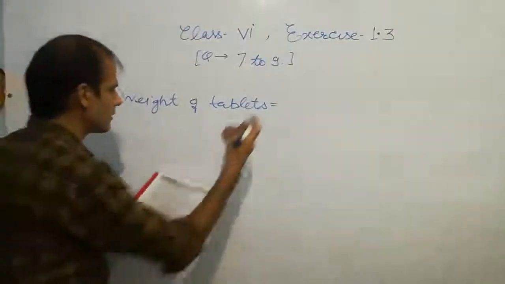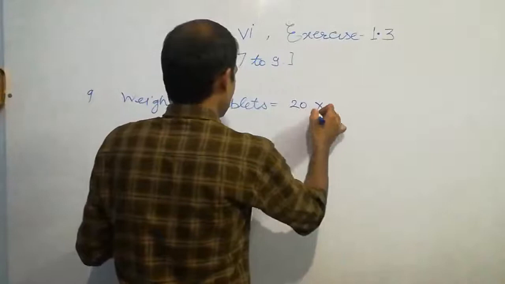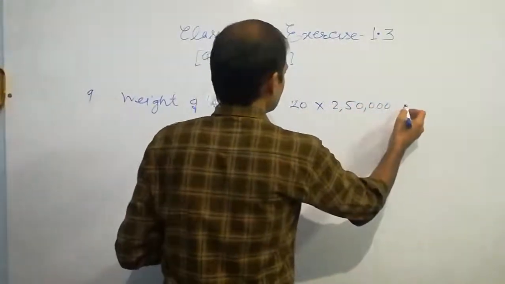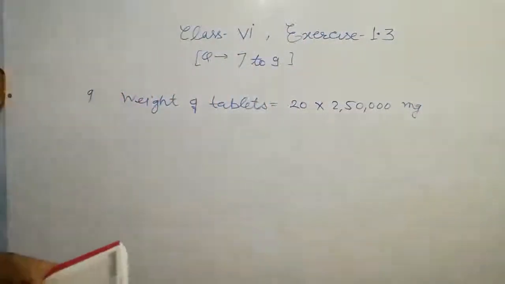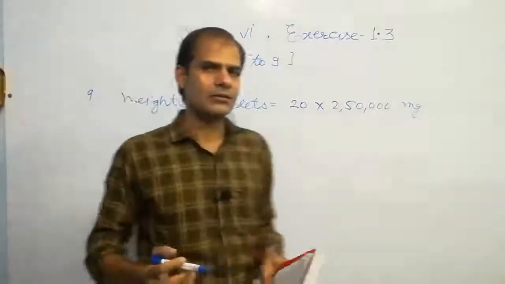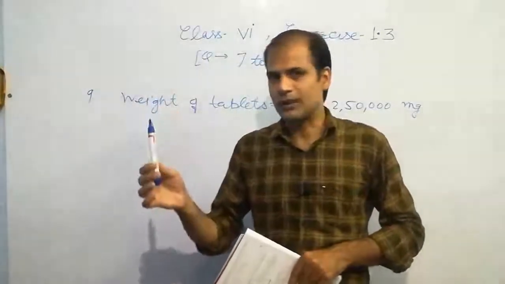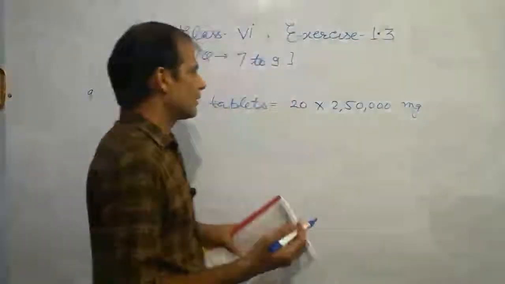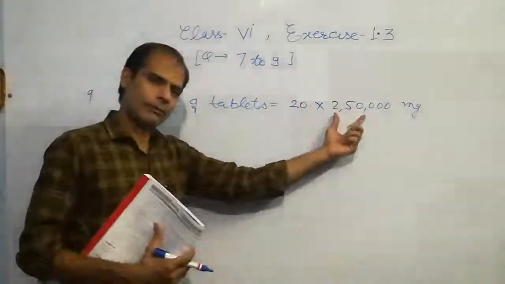So total weight is the product of 20 into 2,50,000 and it is milligram. Okay, it is just the same case as if I ask you cost of 1 pen is 20 rupees, cost of 5 pen is 20 into 5. Similarly, weight of one tablet multiplied by number of tablets.